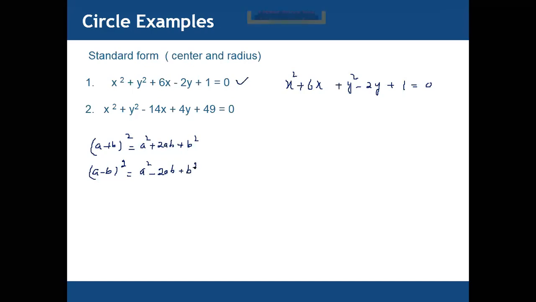Correct? A square plus 2ab plus b square, a square minus 2ab plus b square. So for the first one, you can see the coefficient of x is plus, so this means the plus formula. Second, the coefficient of y is minus, so it means the negative formula.